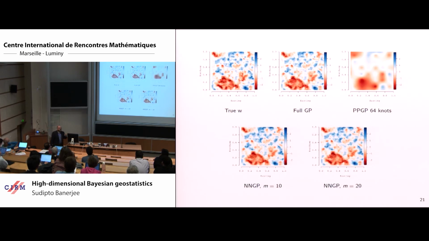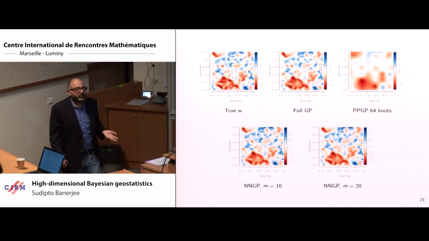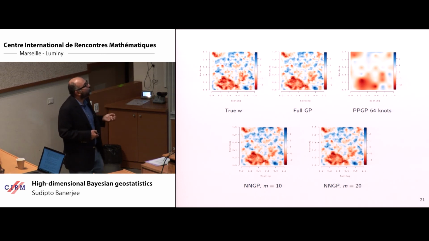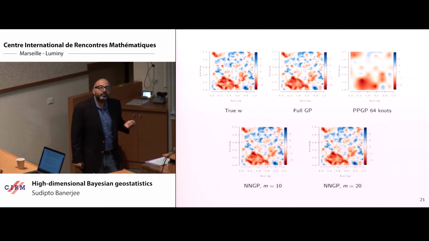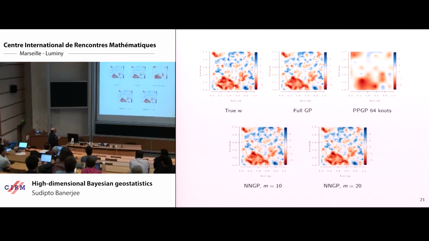But that was the bad news. So what's the good news? Well, the good news is that the NNGP, in fact, solves the problem I was trying to solve. Remember the top row? I showed you this. I was beating up a little bit of my own work on predictive processes and how poorly it does.